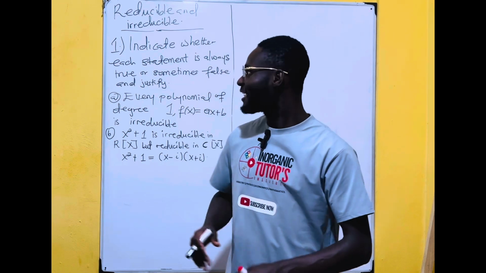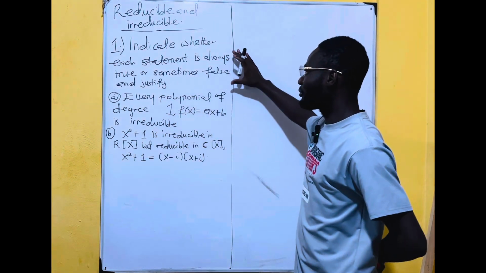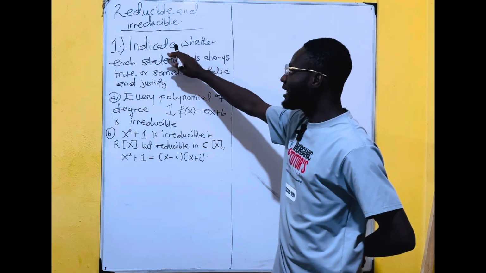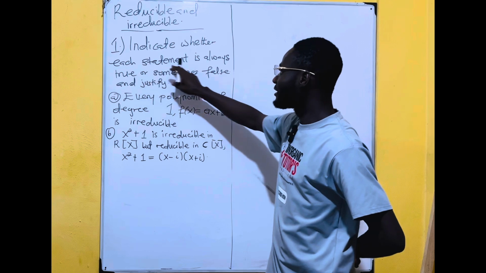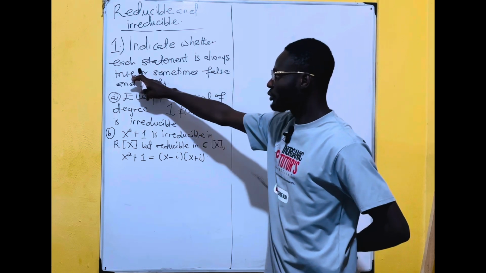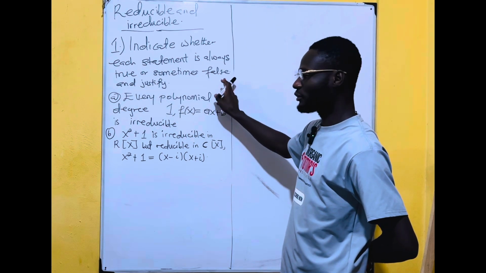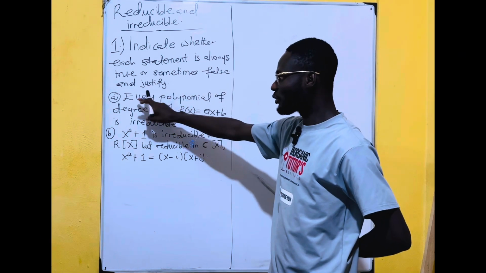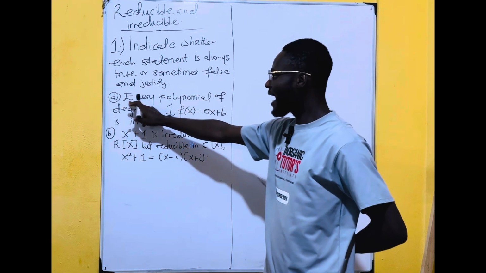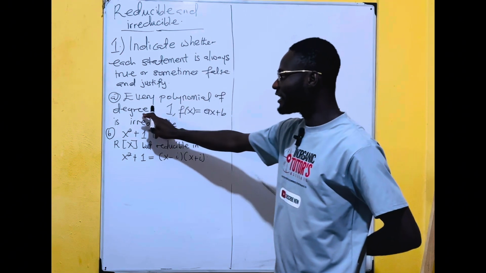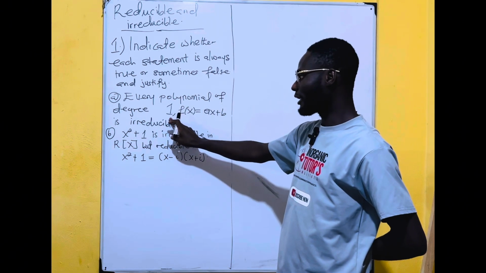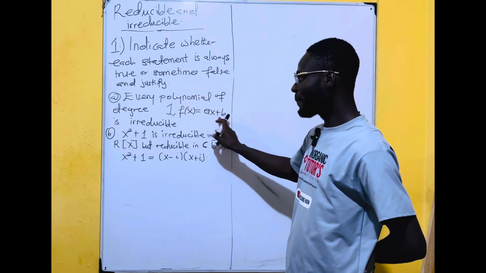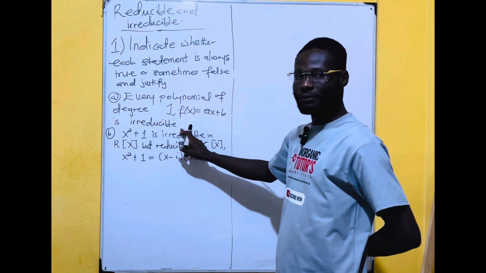Now let's look at this particular problem, our problem 1. We want to indicate whether each statement is always true or sometimes false, and then justify it. The first statement is: every polynomial of degree 1, that is f of x equal to ax plus b, is irreducible.